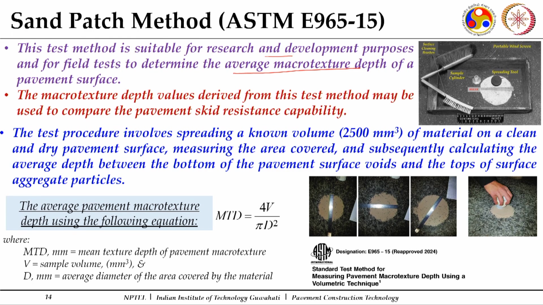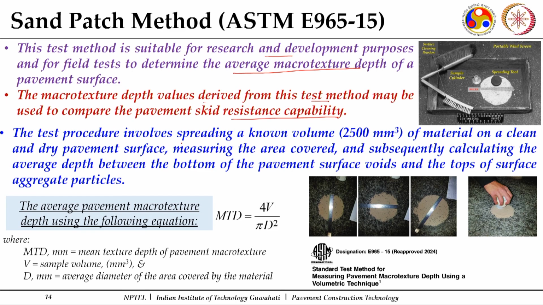Macro texture plays an important role for the hysteresis part and for having good contact with the tire rubber, specifically under wet conditions also. The macro texture depth values derived from this test method can be used to compare the pavement skid resistance capability. Different surfaces can be compared with this.